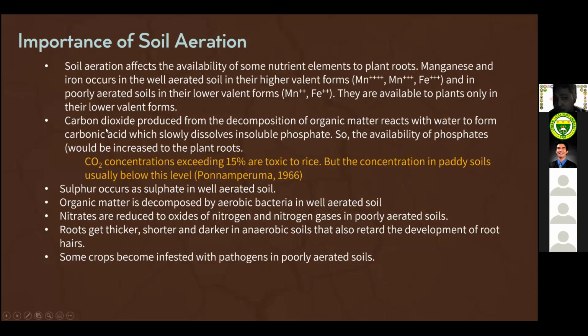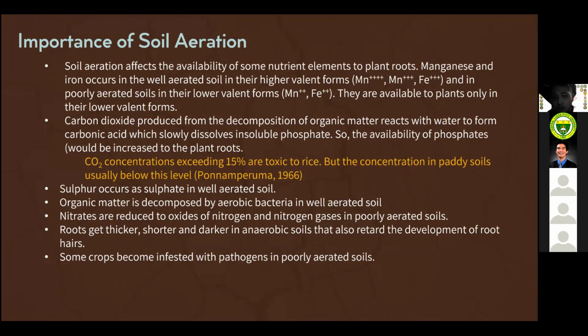Okay. Then carbon dioxide produced from the decomposition of organic matter reacts with water to form carbonic acid, which slowly dissolves insoluble phosphate. So the availability of phosphates would be increased to the plant roots.